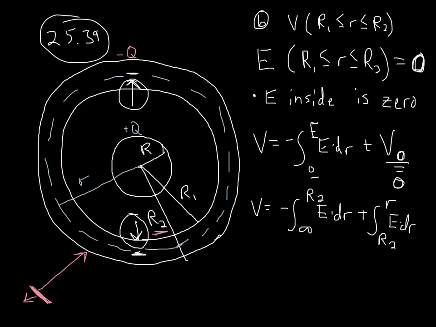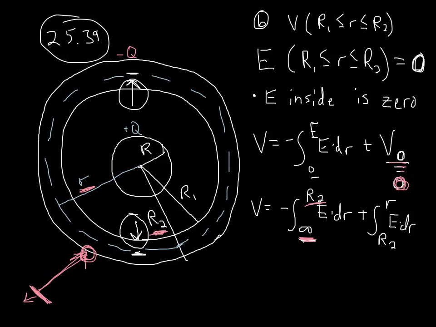So this bears repeating what I'm doing again. I'm starting at a position infinity. My reference point is infinity, so that my initial potential, this V reference point, is equal to 0. And I'm integrating inwards to try to get to this surface r, this Gaussian surface that I've drawn. As I'm going inwards, I first hit this outer surface at a radius R2.